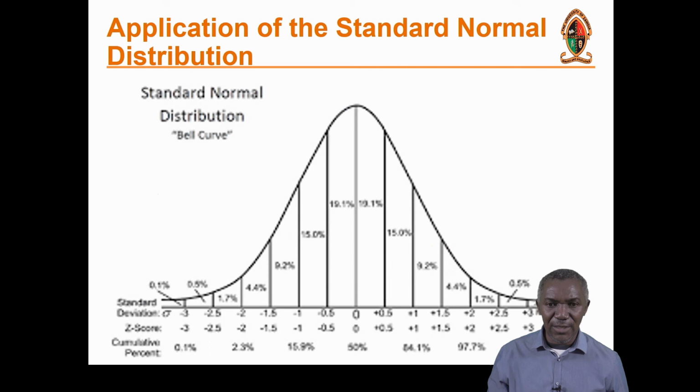So you see, if you come to this table, the goat lies 2 standard deviations below the mean. We said that the area 2 standard deviations below the mean and above the mean is 95. So if we divide this area into 2, you find that the area from 0 to -2 below the mean is 47.5.